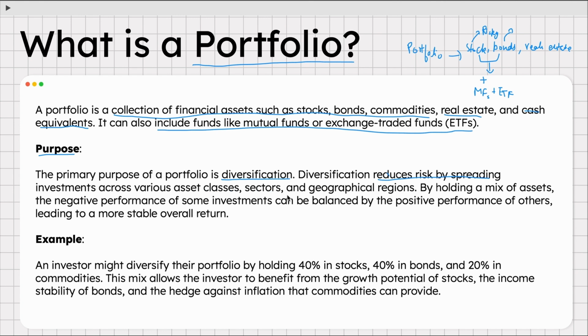So yeah, you can also do this. What you can do is, let's say you are an investor in US. You can buy stocks in US, but then you can also buy stocks in India. So you are diversified.